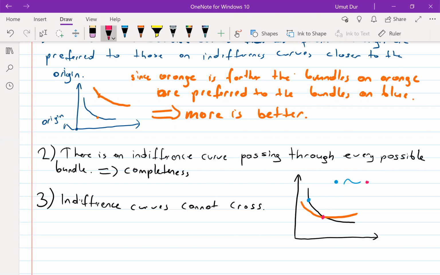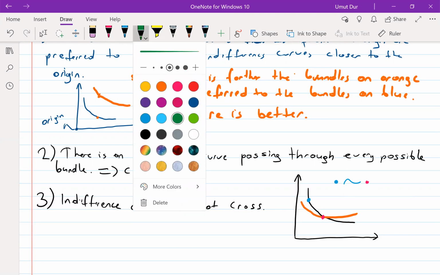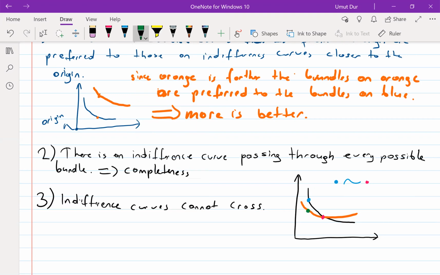Good. So what about this green point? Green and red are also giving us the same satisfaction, right?